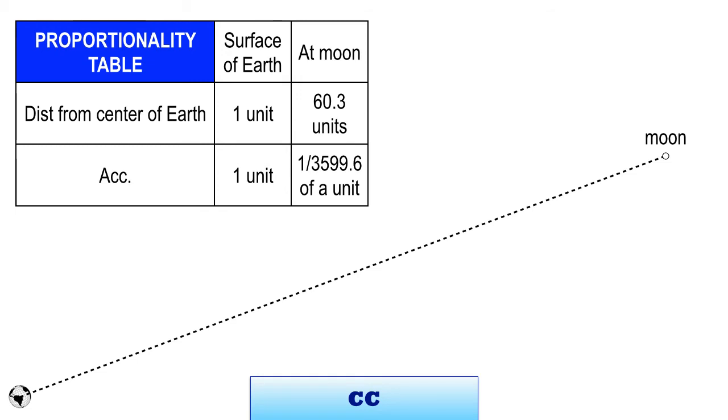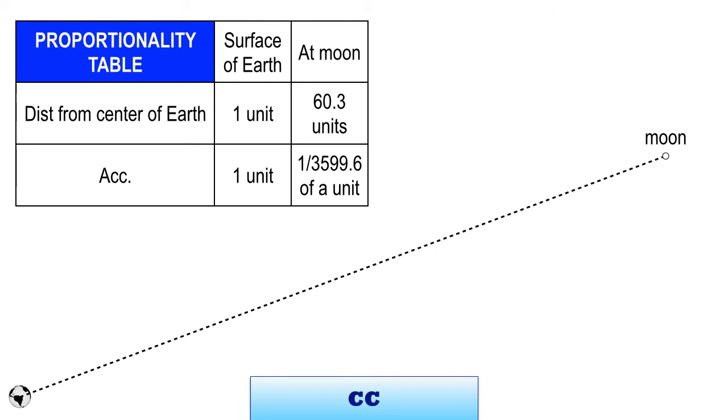Okay, so the distance ratio is 60 to 1. And the acceleration ratio, actually, if the distance from the surface of the Earth to the center of the Earth is 1 unit of distance, then the distance to the moon from the center of the Earth actually works out to 60.3. So it's pretty close to 60.